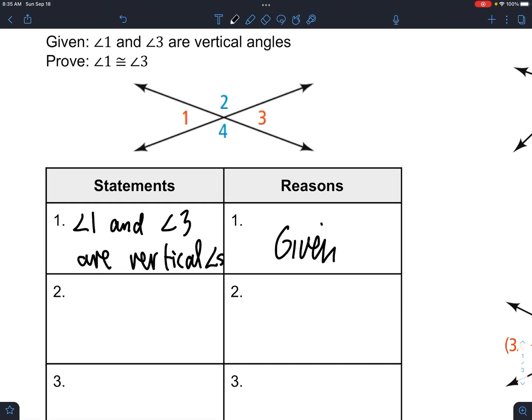So to show that 2 angles are congruent, you're going to have to make some sort of angle pair. And we know we want to get to vertical angles, but we can't quite say that yet. So how about maybe some supplementary angle pairs?